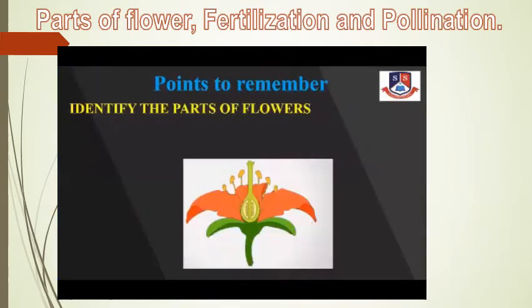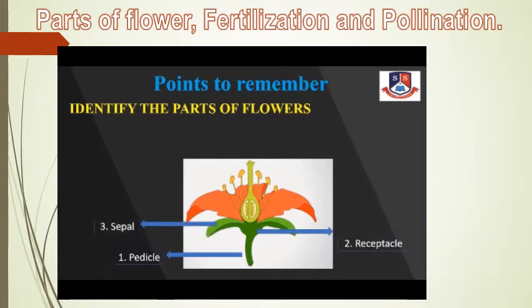Points to remember. Identify the parts of the flower. First one is pedicel. Second one is receptacle. Third is sepal. Fourth is petal. This is anther. This is filament. Stigma.